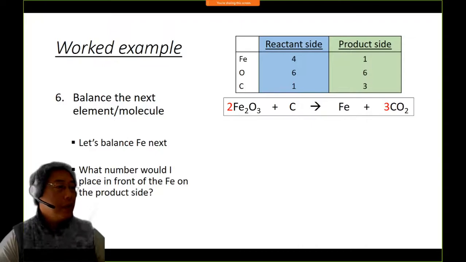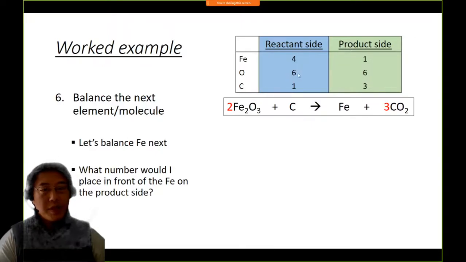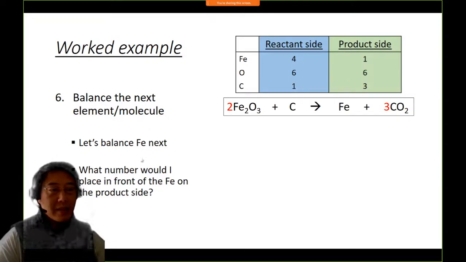Now if you notice, we balanced the oxygen. Your carbon is still unbalanced, and the same for your iron. Iron is 4 and 1, carbon is 1 and 3. Now you need to pick which one to balance next. So let's say we balance iron.